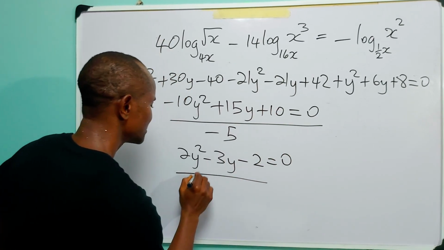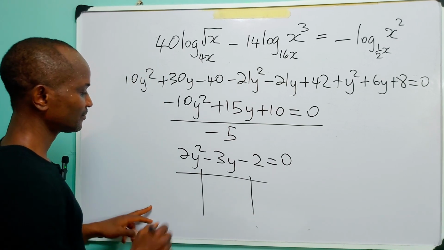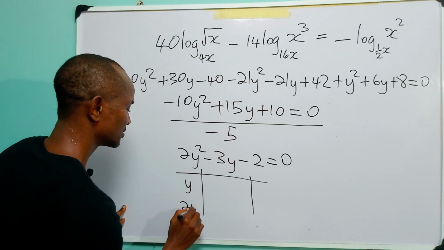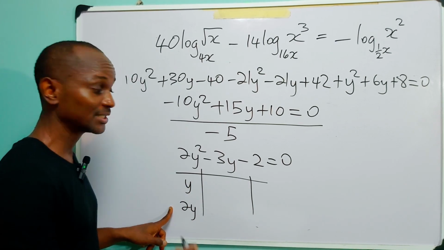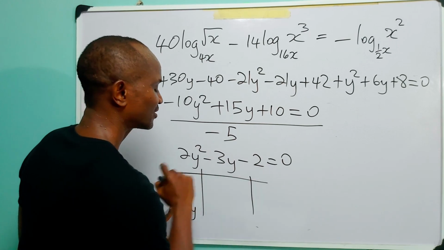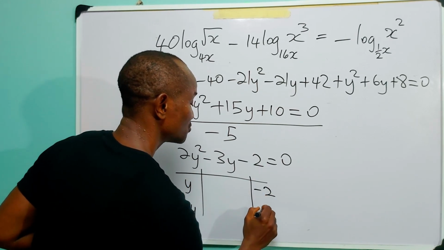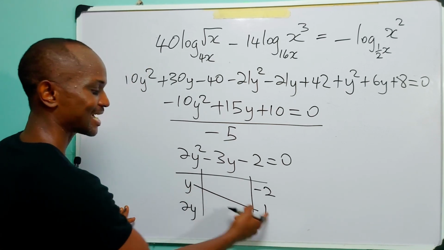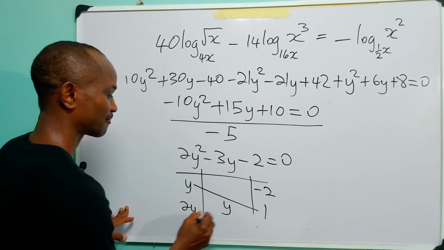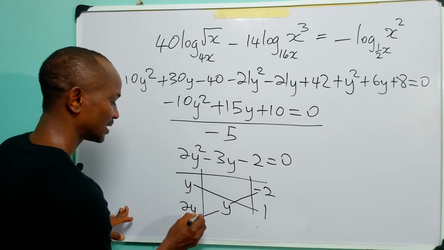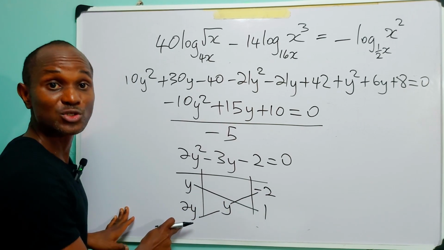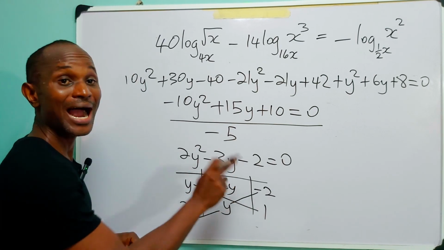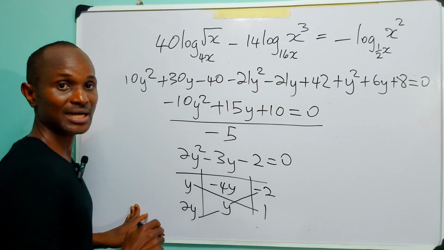Now we can factorize this quadratic equation because we know that the factors of 2y squared are y and 2y, because y times 2y will give you 2y squared. And the factors of minus 2 are minus 2 and 1. Now let us check for the middle term. Y times 1 is y, and minus 2 times 2y is minus 4y, and minus 4y plus y will give you minus 3y.